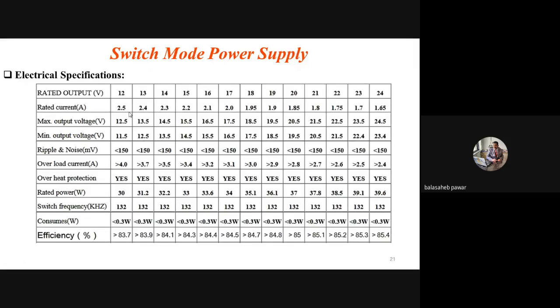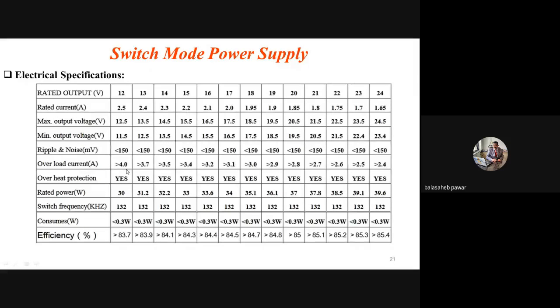But still, if a short circuit occurs or if a low resistive load gets connected across such an SMPS, then up to how much current can it provide? Above the rated value of 2.5, it can still provide up to 4 amperes. But it should not be a continuous 4 amperes. Otherwise, it will be harmful to our SMPS. It may get damaged due to overcurrent condition.